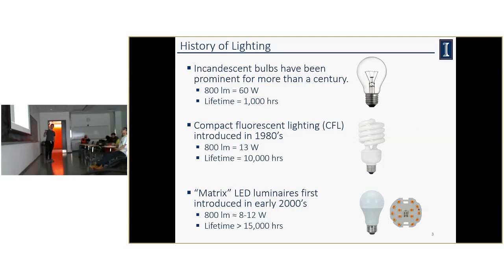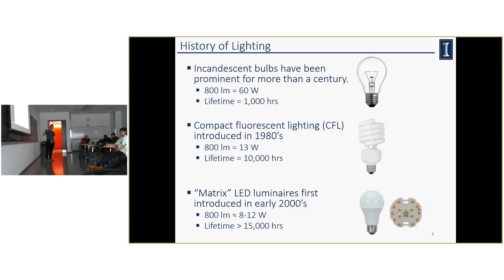Okay, so here's a quick history of lighting technology. Incandescent bulbs have been around for as long as electricity has been on the grid. Typically, when you see the 60-watt equivalent, what that means is about 800 lumens of light output. Incandescent bulbs have about 1,000-hour lifetime, so that'll kind of give you a comparison as we go down through these technologies.